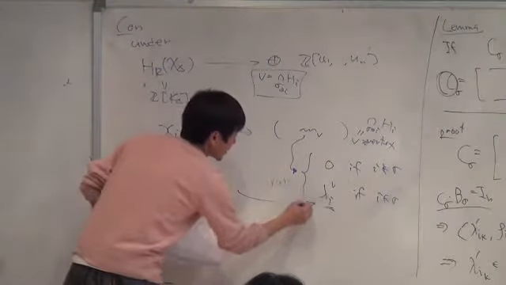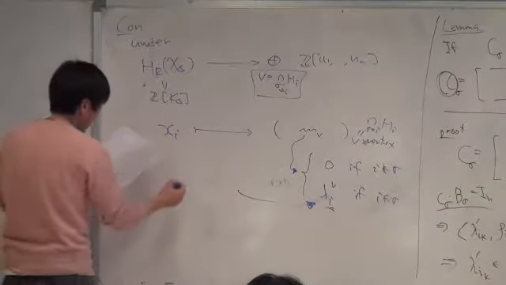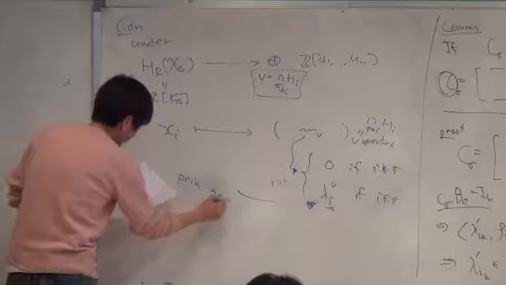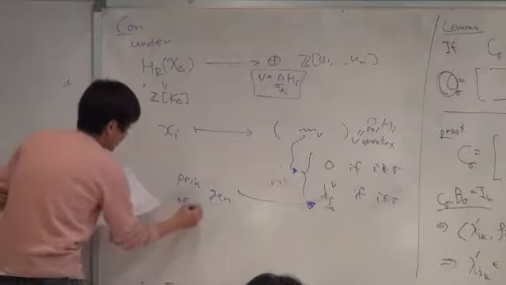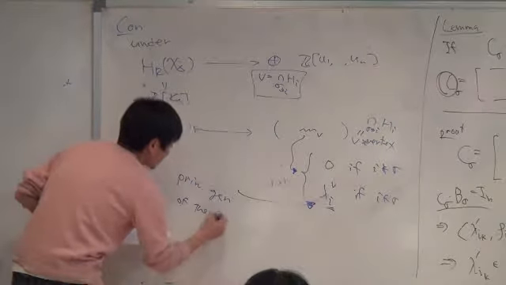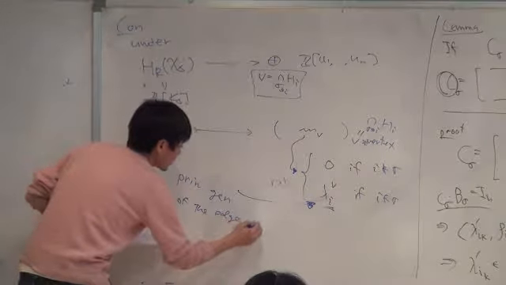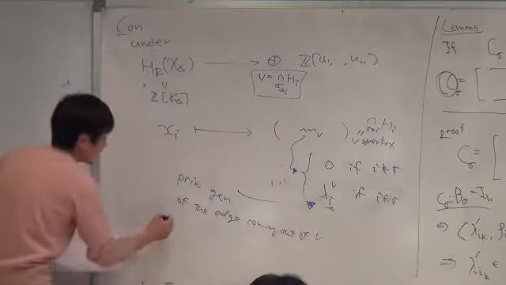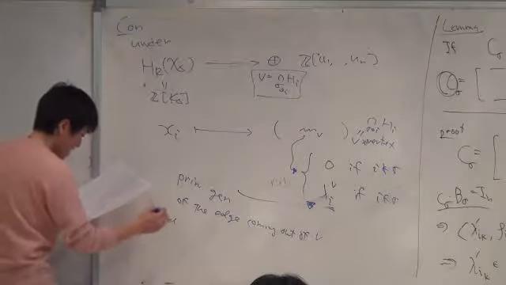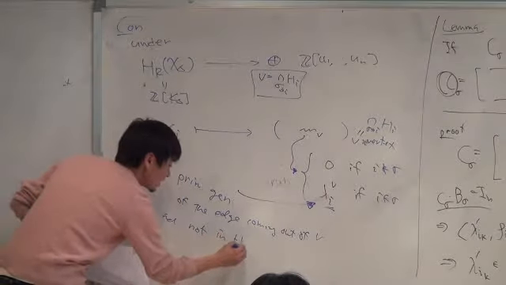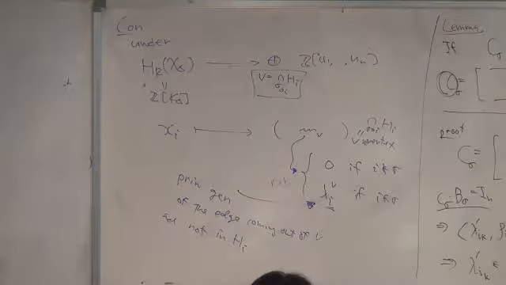So I just say this is the primitive generator of the edge coming out of V, and N not in HI.